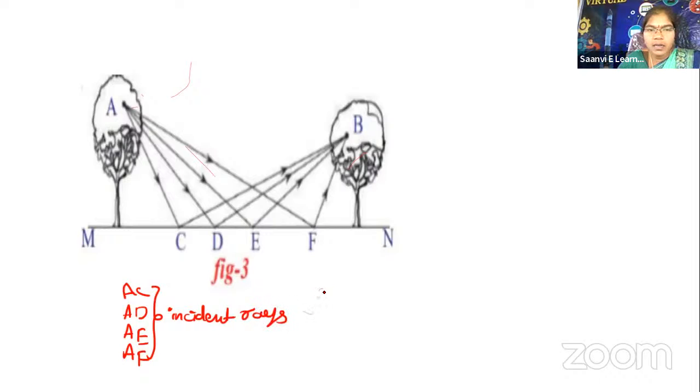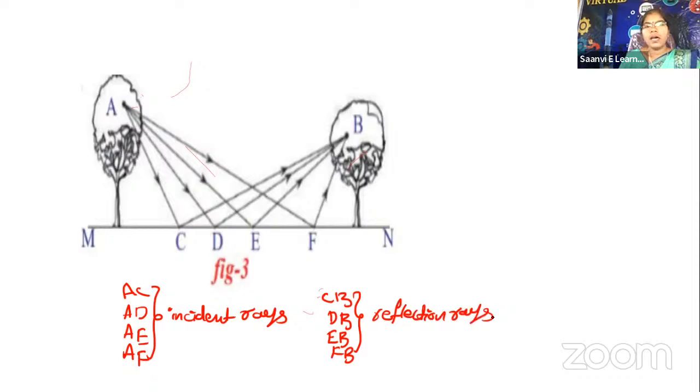Next, coming to CB, DB, EB, and FB. These all are reflection rays. Reflection rays. And see the diagram properly.